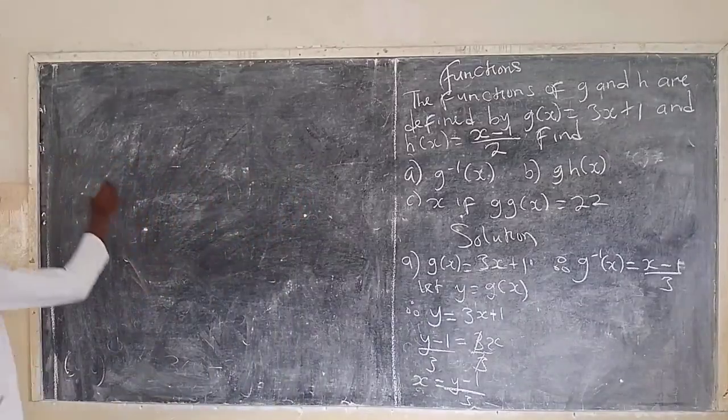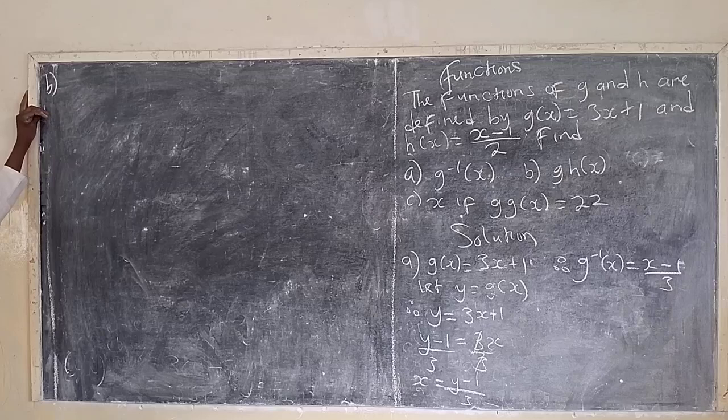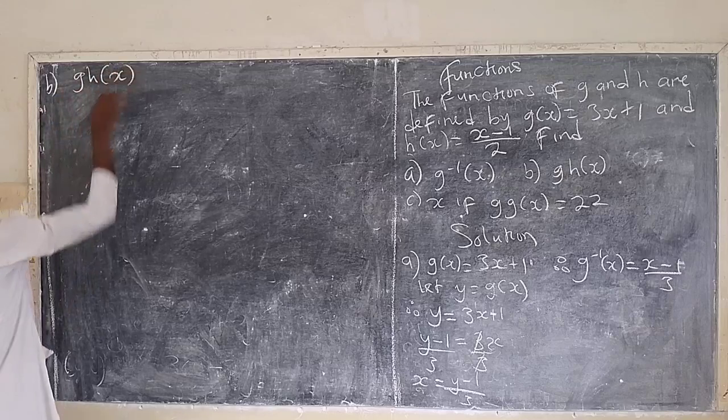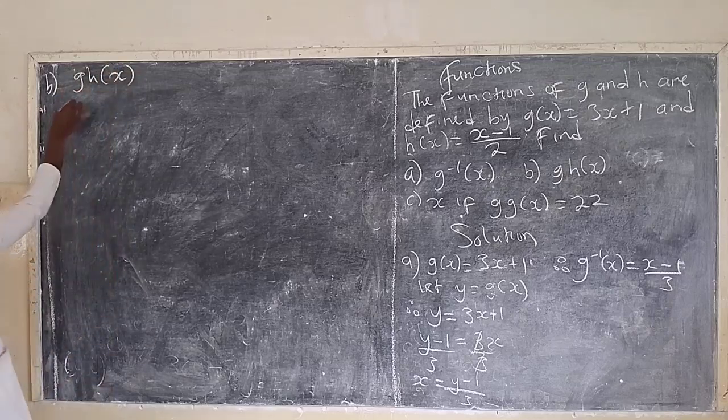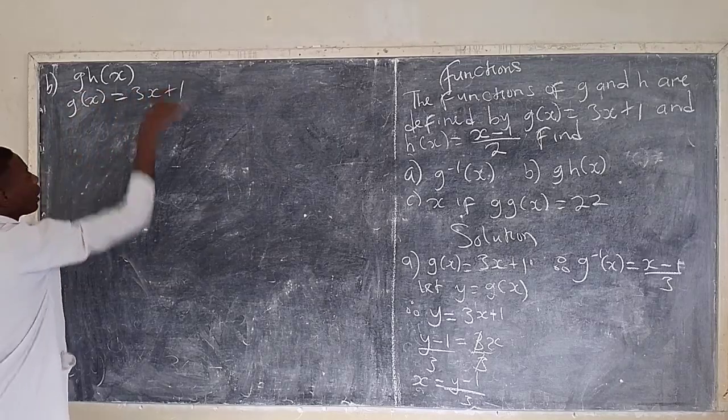Now looking at part b, we are told to find gh of x, which is what we call a composite function. The meaning is you write the function of the first letter, g of x equals 3x plus 1.